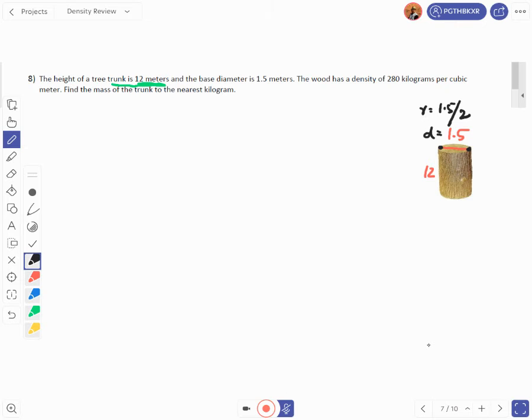Well, now the density of the wood is given. The question is find the mass. So let me write the details. Density is 280 kilograms per cubic meter, and here mass you are asked to find.